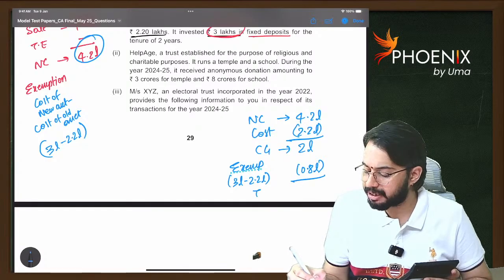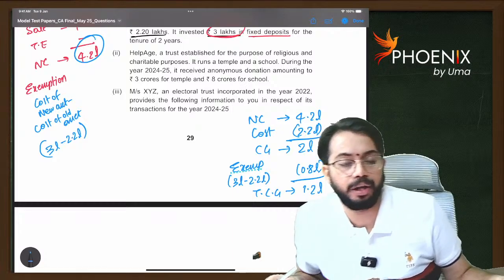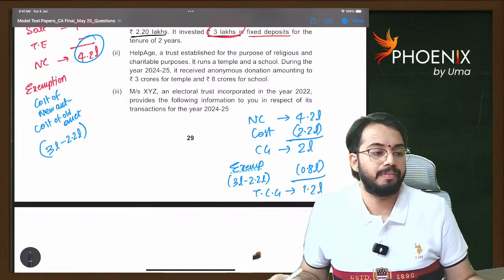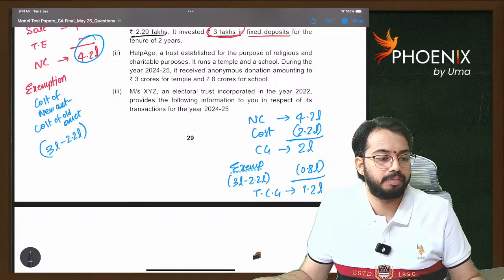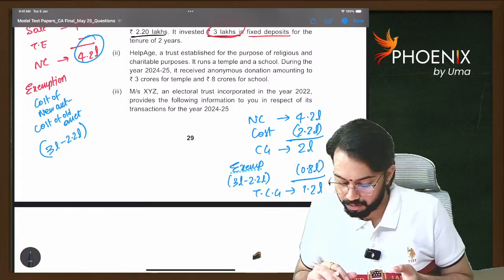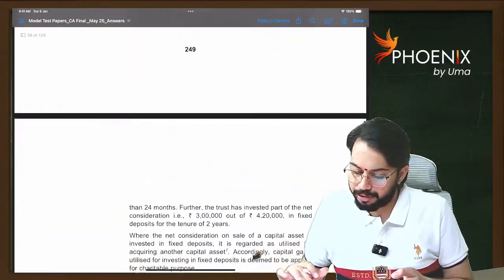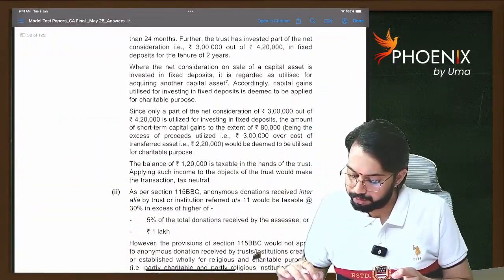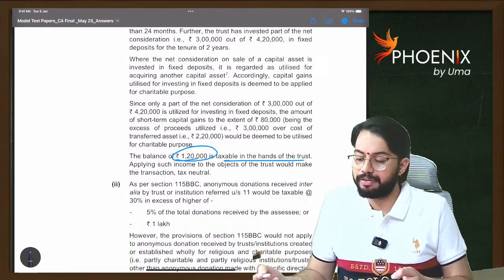How much is taxable capital gain? Taxable capital gain is 1.2 lakhs. You can see the answer also. 1,20,000 is taxable in the hands of the trust.